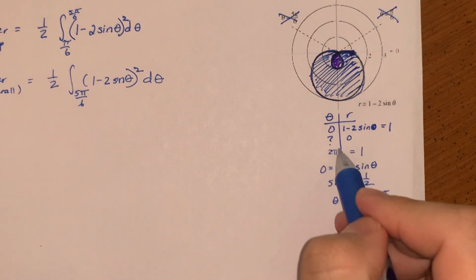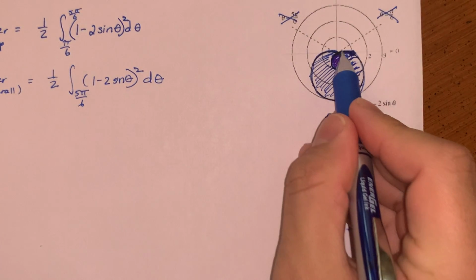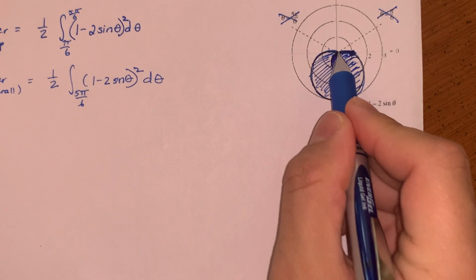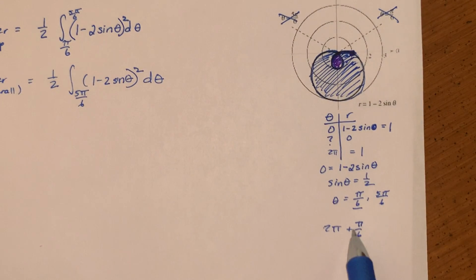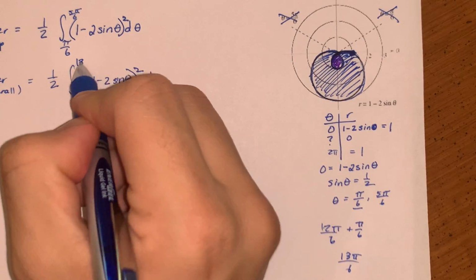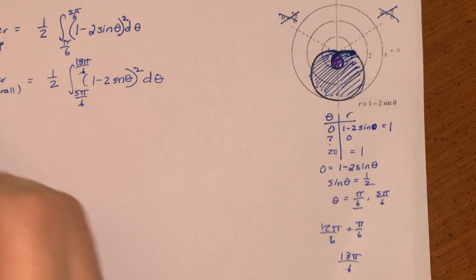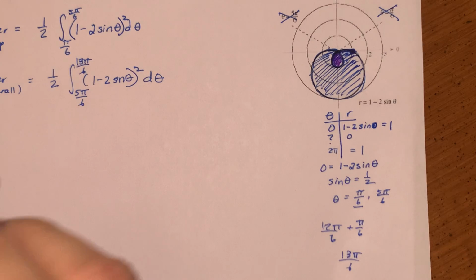So not just 2 pi, but 2 pi plus an extra little pi over 6 will get us back to the end of that outer loop. So this is going to end up being 12 pi over 6 plus pi over 6, so 13 pi over 6. So that right there is our upper bound, and that's going to give us the area of the overall region.